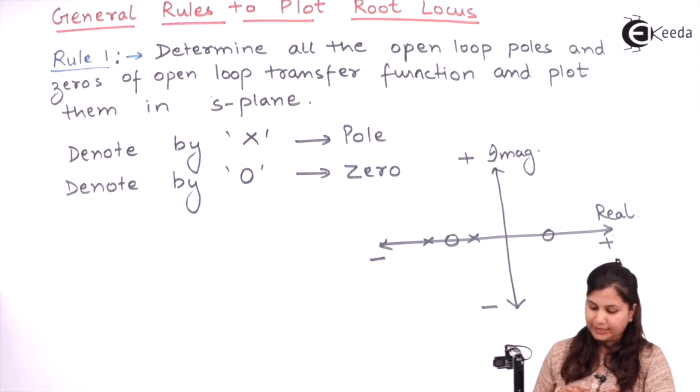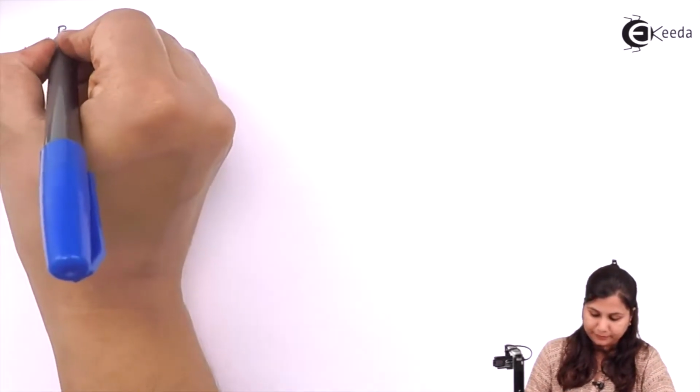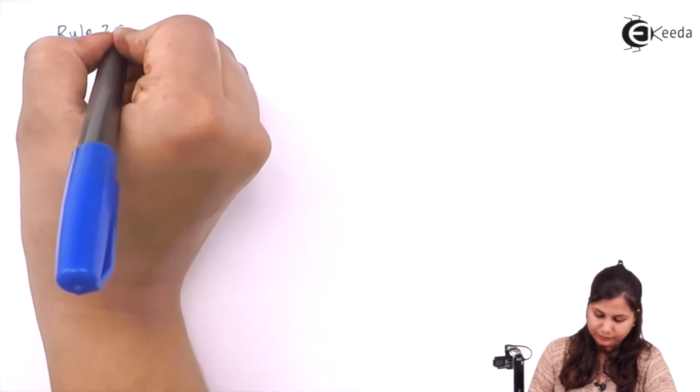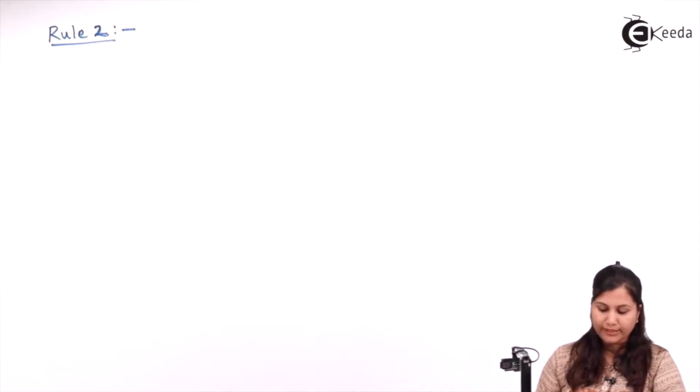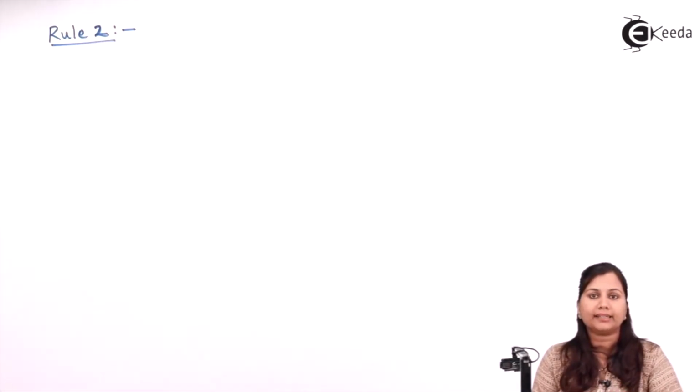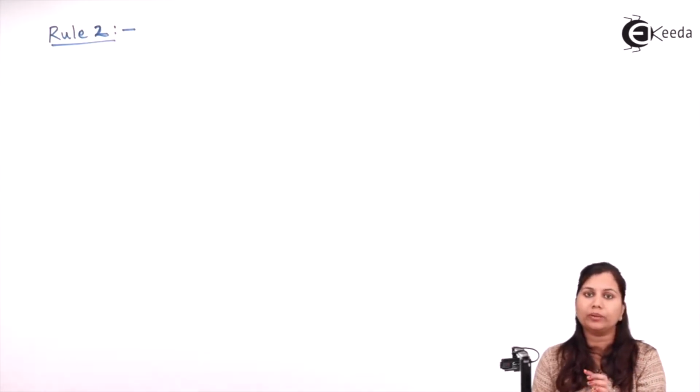Now the second step, or the second rule, is related to the starting and the ending points of a root locus, that is, from where the root locus will start and where it is going to end.